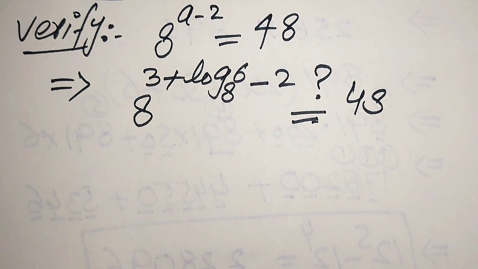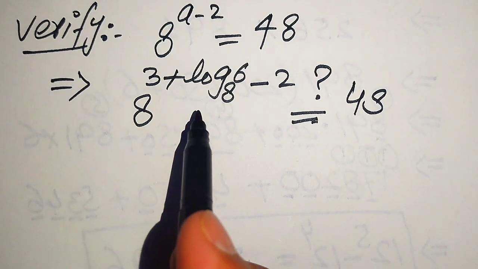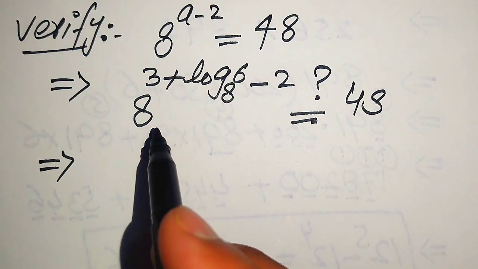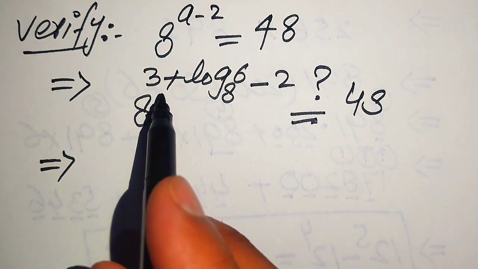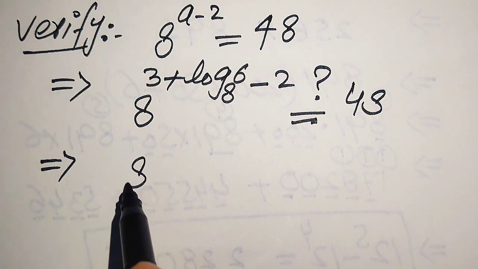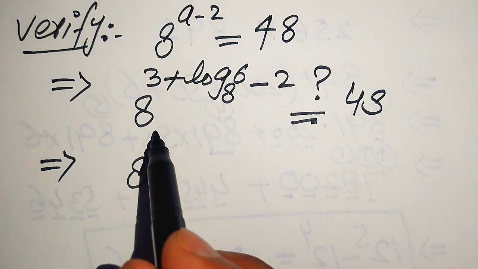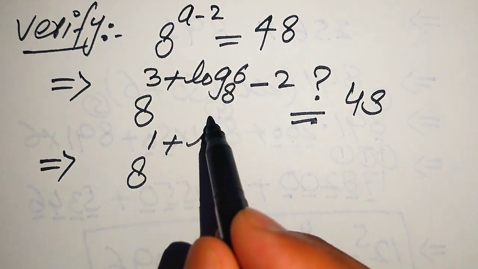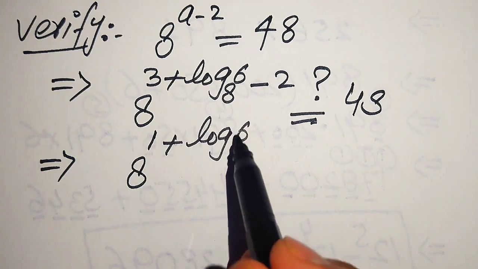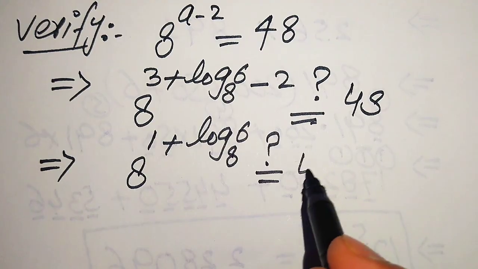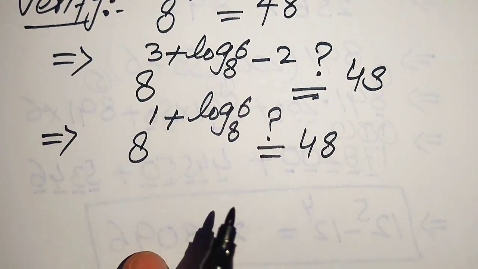Now in the next step we need to break the exponent of these terms, and here we can apply this 8 on each of these values. But first we need to add or subtract the like terms. So 3 minus 2 becomes 1, and plus here you have log of 6 with base 8, and we check whether this equals 48 or not.